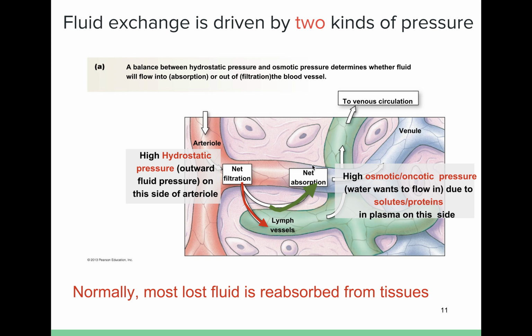But on the venule side, there's a higher osmotic or oncotic pressure. And as a result of this osmotic pressure, water wants to flow back in just due to osmosis. And so normally in our tissues, we have this constant tug of war where we filter out blood on this side and reabsorb it on the venule side.